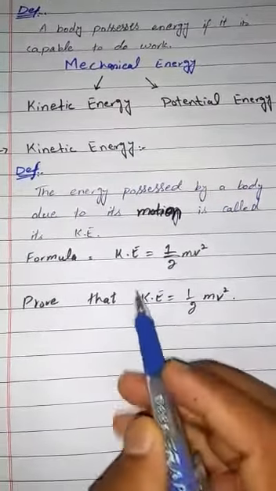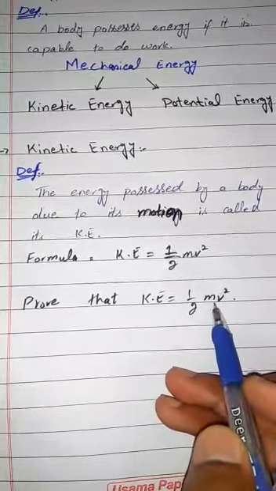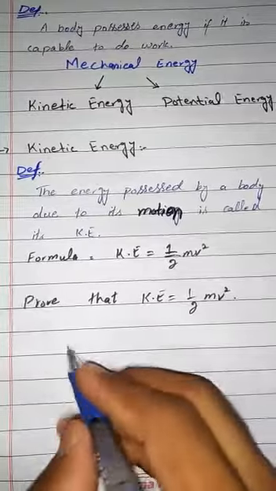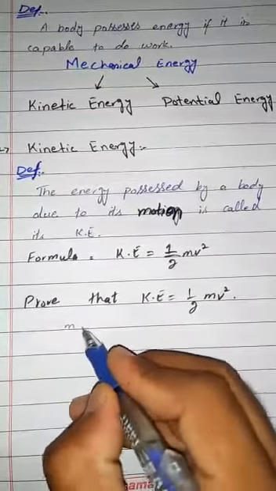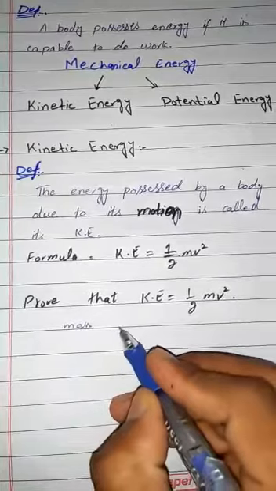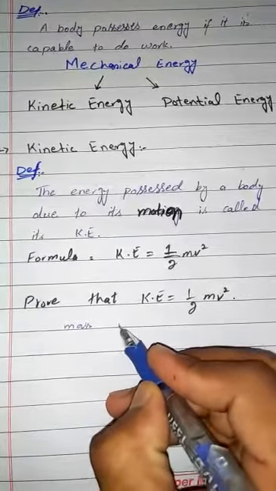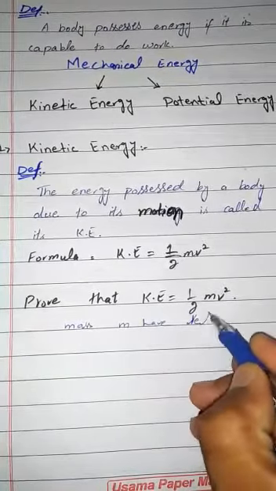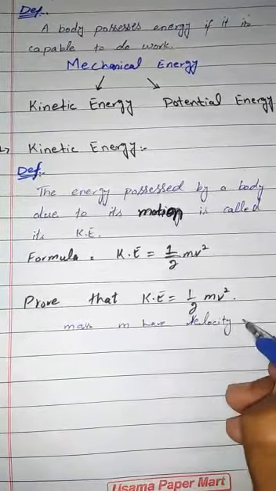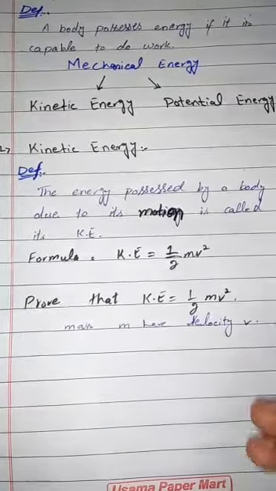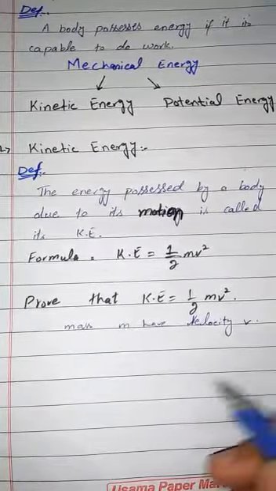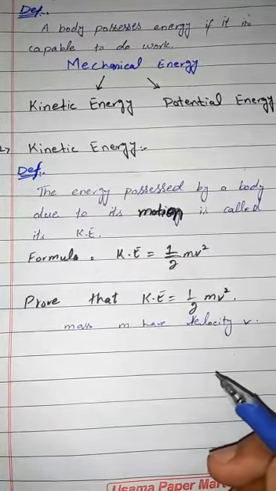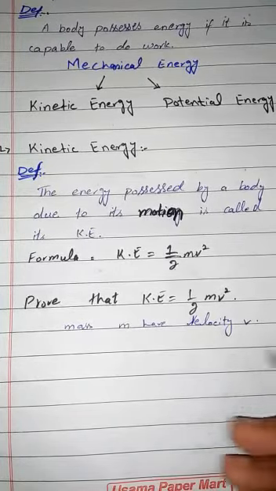Suppose we have a body of mass m moving with a velocity v. The body stops after moving through some distance s due to some opposing force, such as a force of friction acting on it.